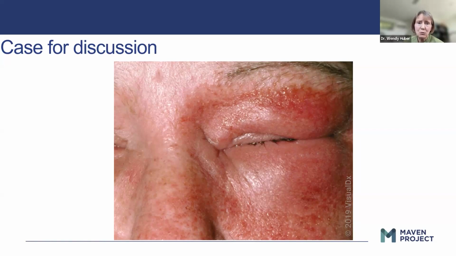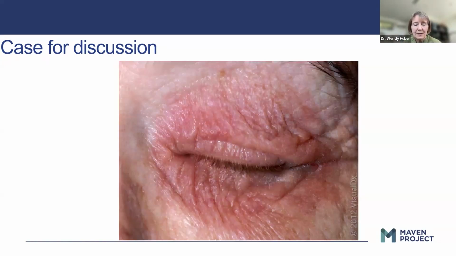The second time that happened, we decided to patch test her, and it turned out she was allergic to an ingredient that was in ant spray. She had never mentioned to me any sprays that she was using because she wasn't using it around her face or anything, and she felt like she was spraying it far enough outside that it wasn't a problem, but it actually was the cause of her allergic contact dermatitis. Next case. Let's see, next slide.